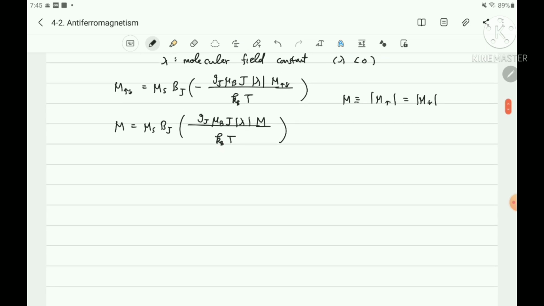And here the Néel temperature is defined by g_J mu_B (J plus 1) lambda M_s over 3 k_B, and also it is N lambda mu_effective squared over 3 k_B.